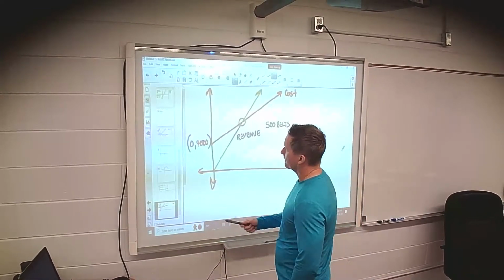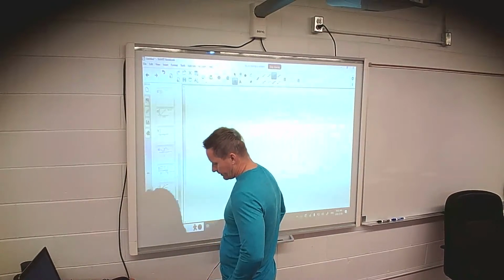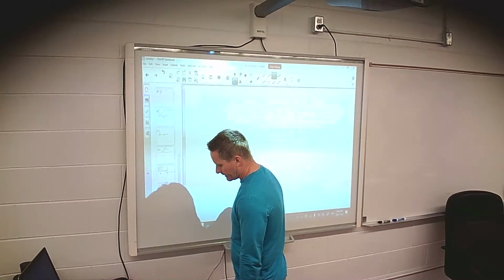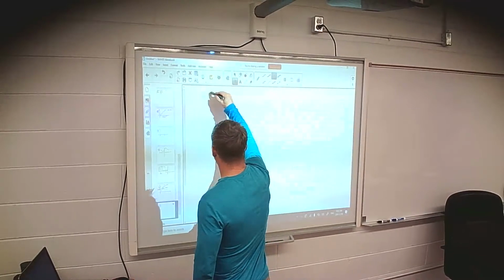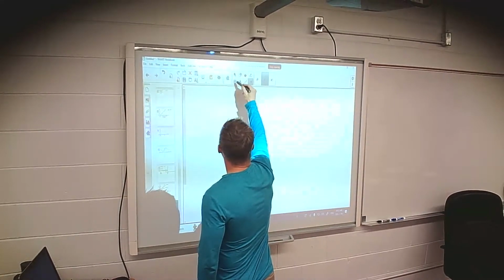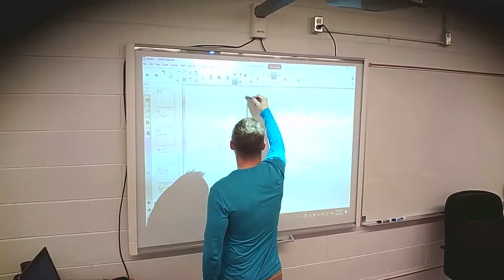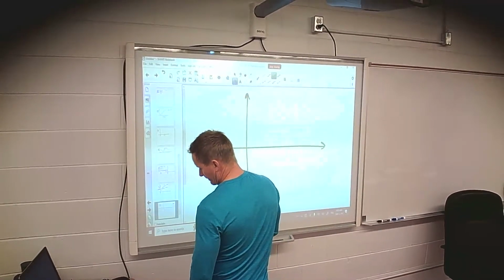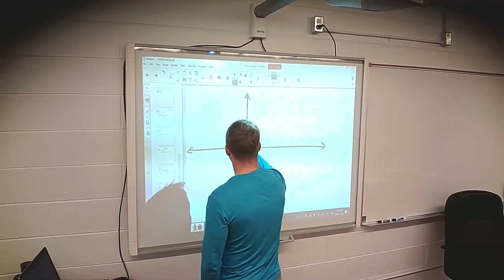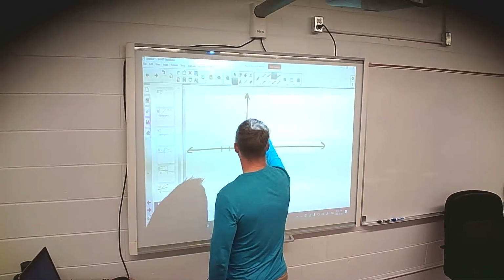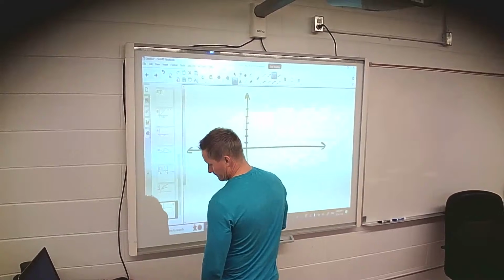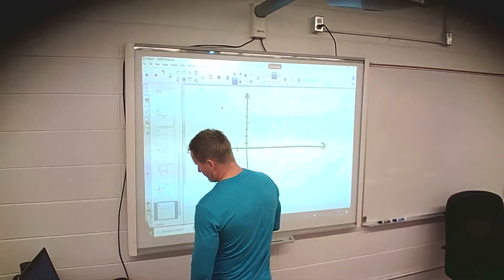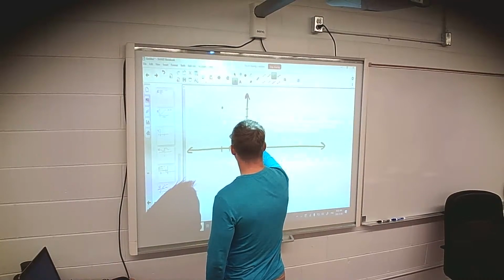I think the best way to check that is to maybe draw out the coordinates. So there's that, minus 2, and 2 is right here.